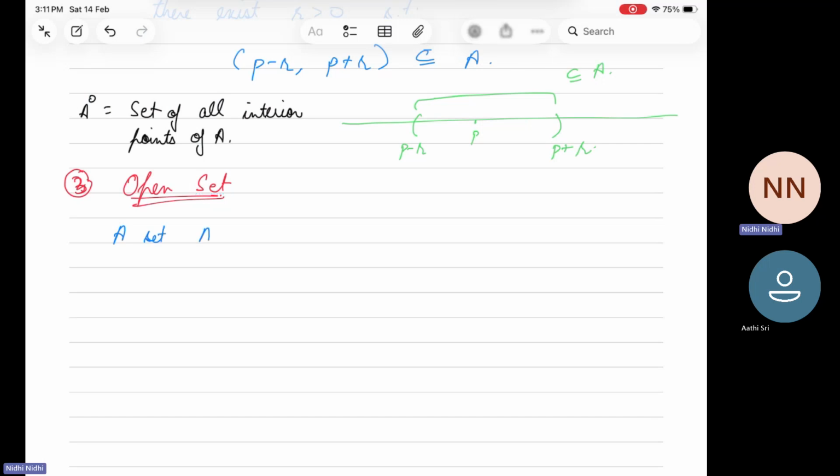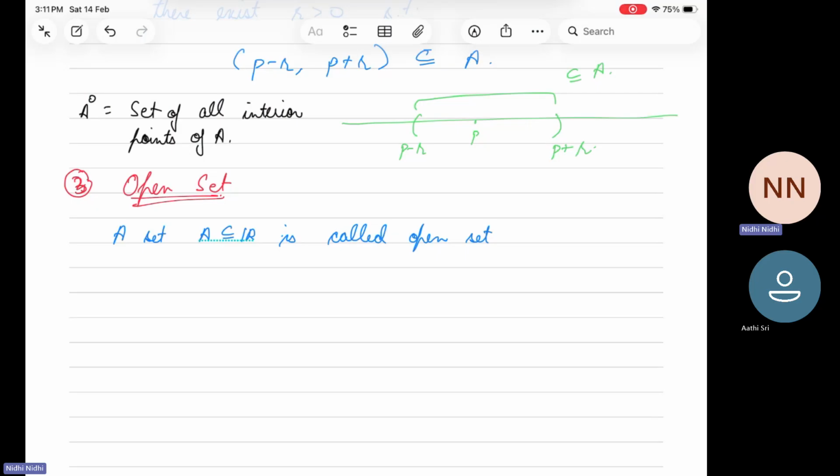A set A in R is called an open set if the set of all interior points is the set itself.